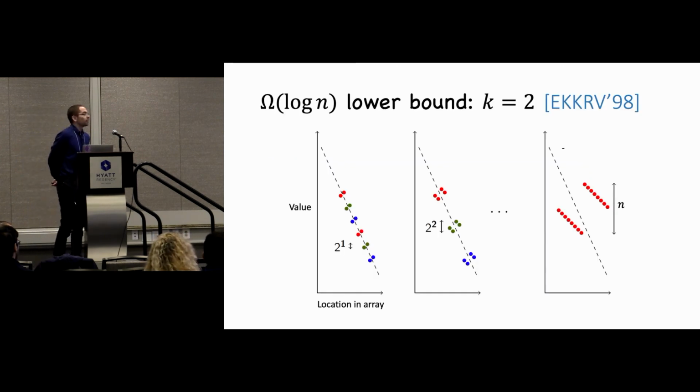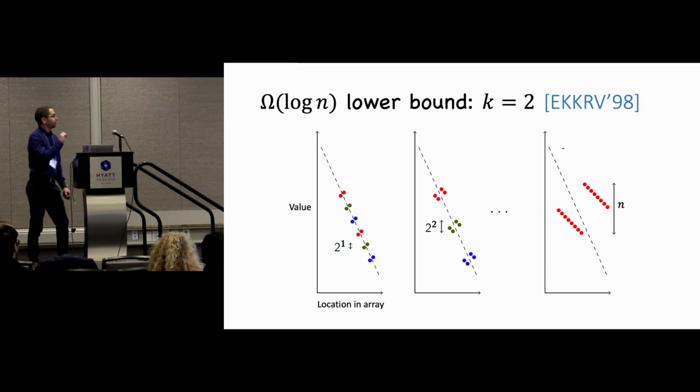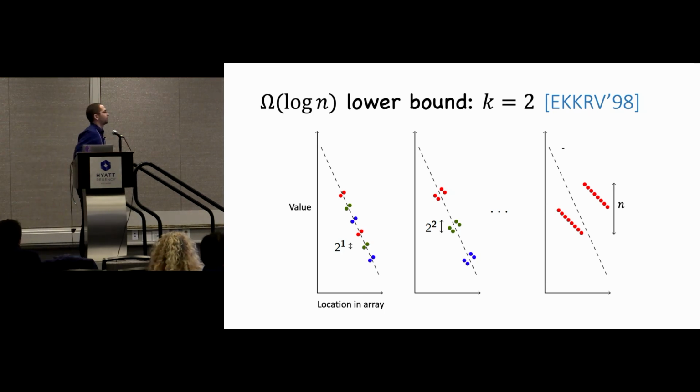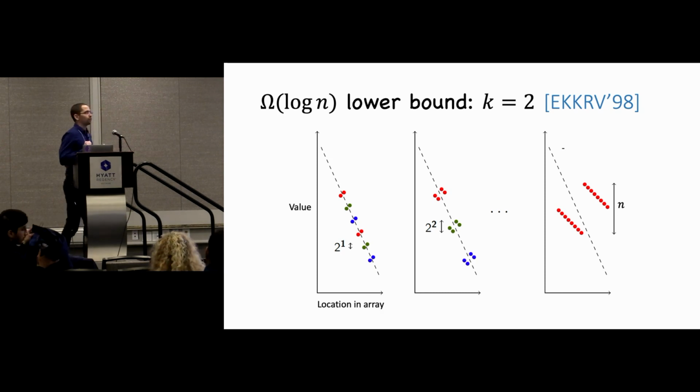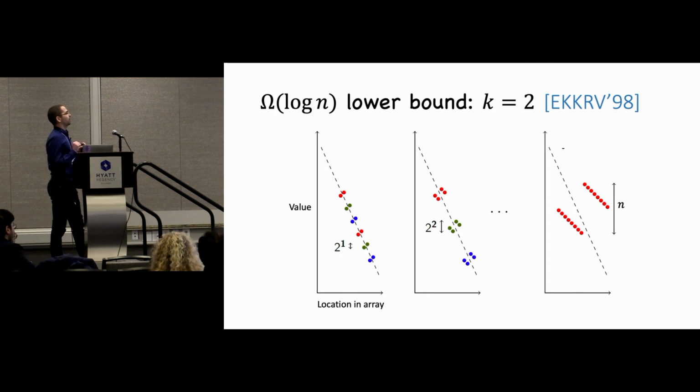Let me start by briefly saying a few words about the lower bound. For monotonicity testing, the non-adaptive lower bound goes basically like this. There are log n different types of constructions where the evidence for not being monotone appears at different scales.